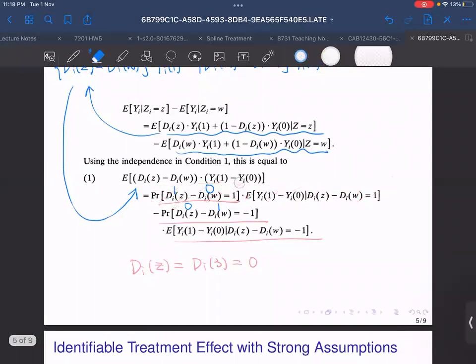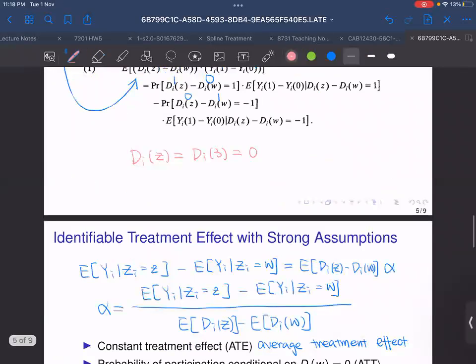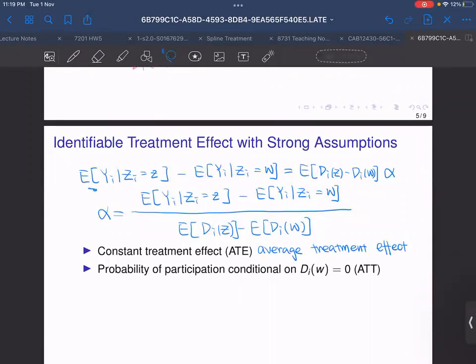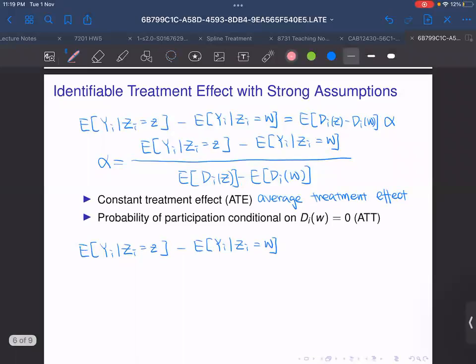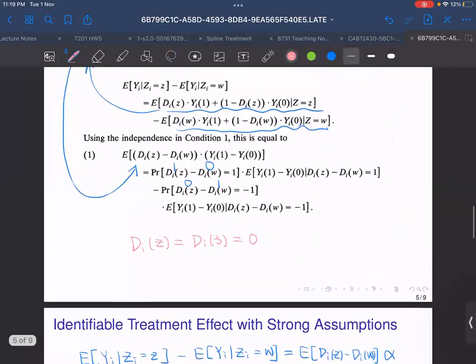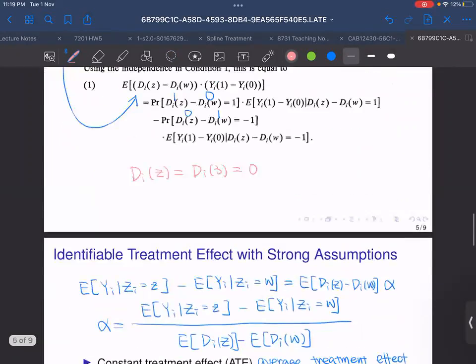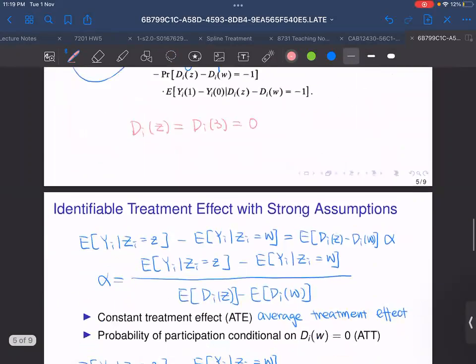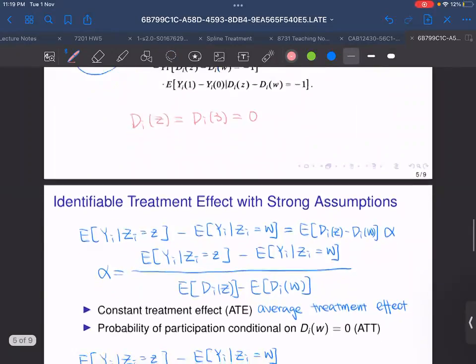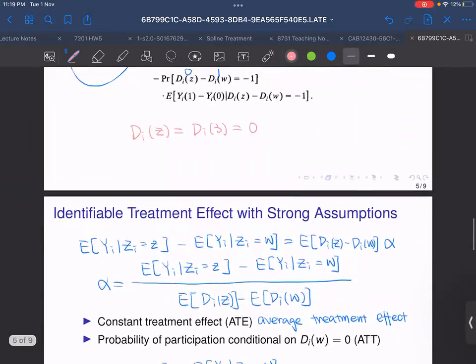So from there, we can actually interpret something. Let me write down what I have written there. Again, it's the difference between these two, which is the expected lifetime income when Z equals small z, versus the expected lifetime income when Z equals small i.